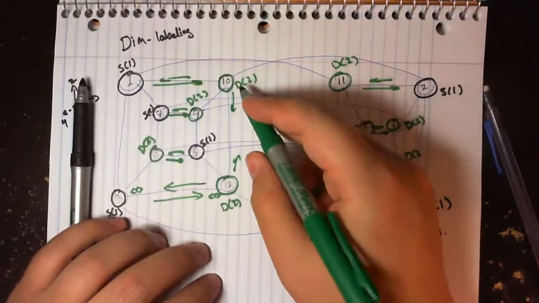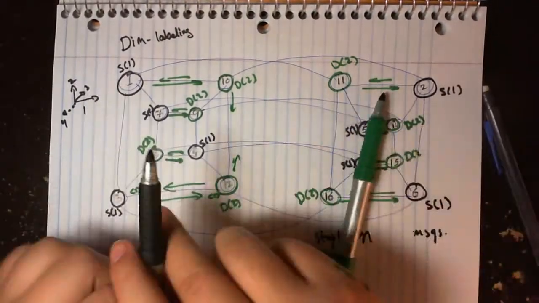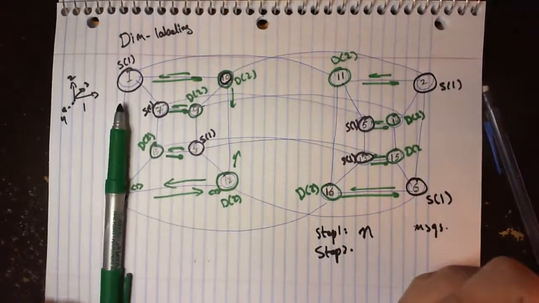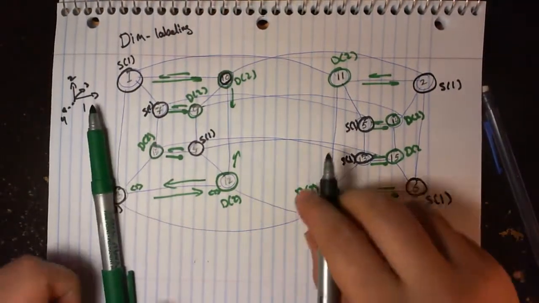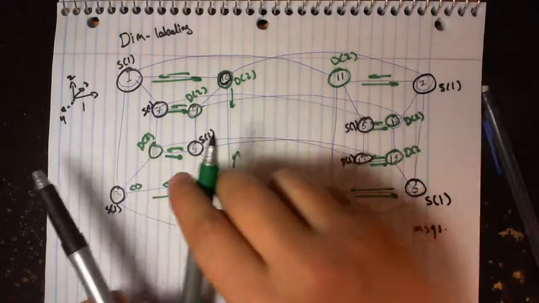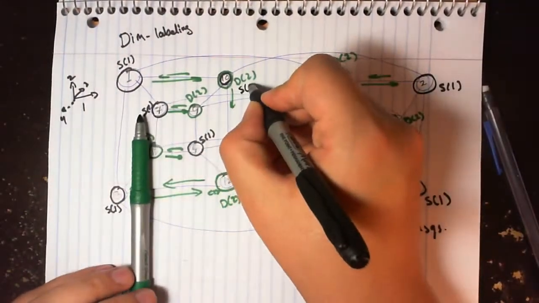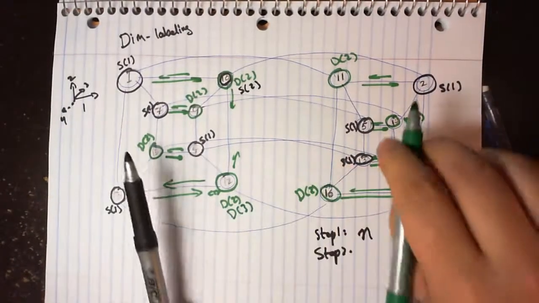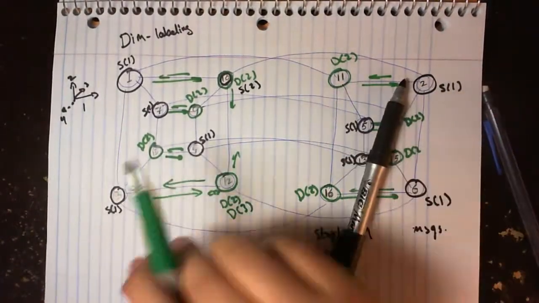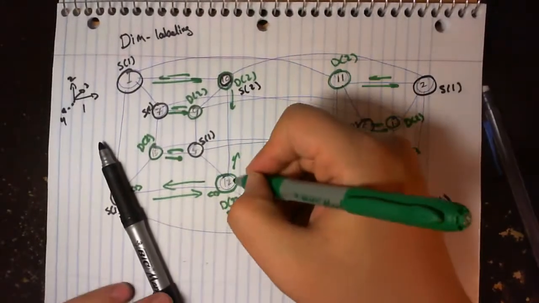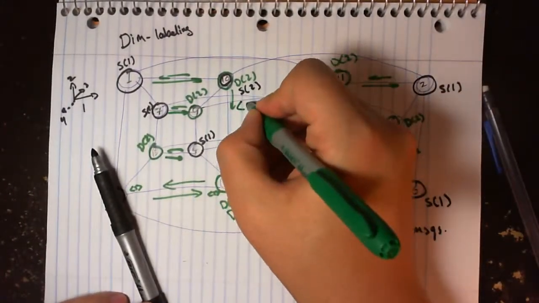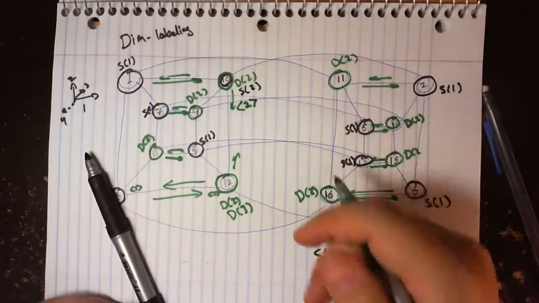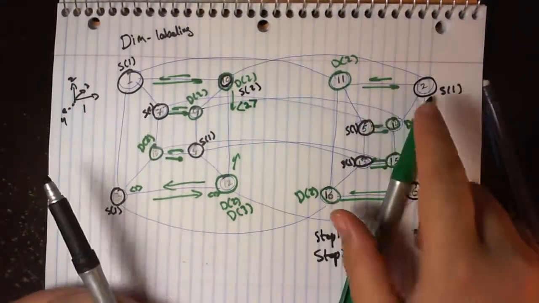So they duel each other, 10 and 12. 10 loses, so the 10 eventually folds and becomes an S2, and the 12 wins, becomes a D3. Remember, the 10 stores the path that 12 took to get to it, so it's going to store the 2. That's the dimension, the label, that it took.